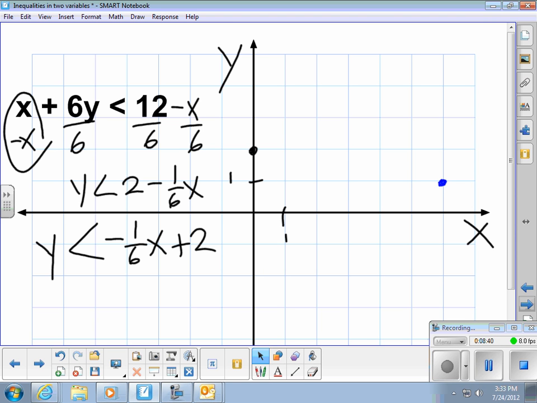Now, that is not a solid line because it does not say less than or equal to, it just says less than. So I'm going to grab a dotted line, straight line tool. Let's try. That wasn't so great either.